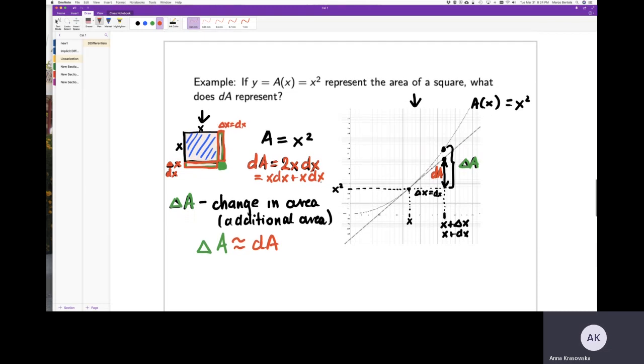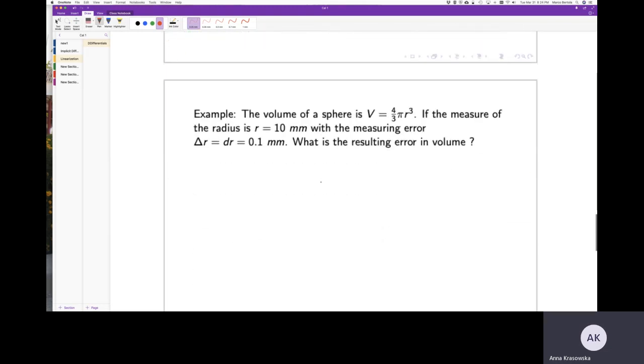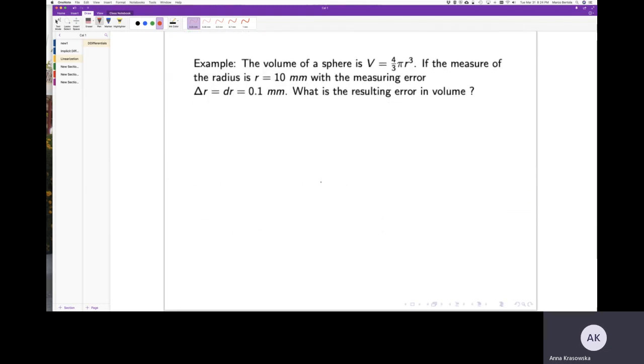Okay, so let us look at our last example for this class. We have a sphere of radius 10 millimeters, and we have a measuring error.